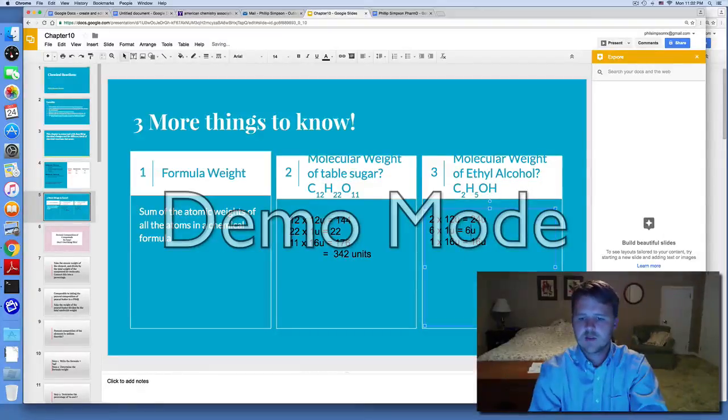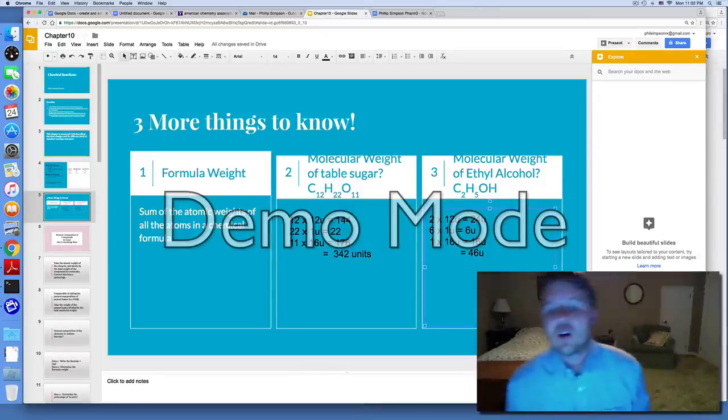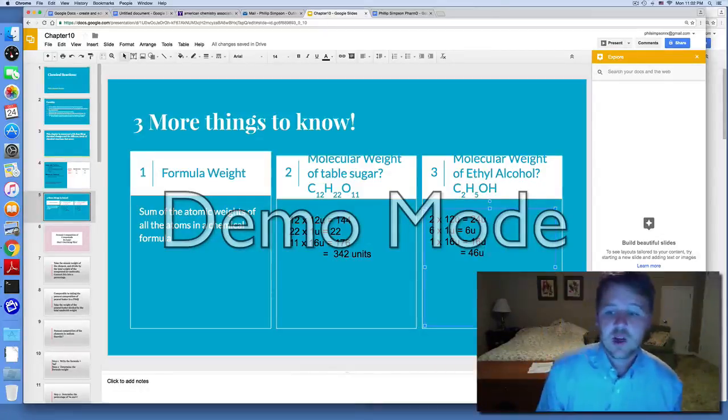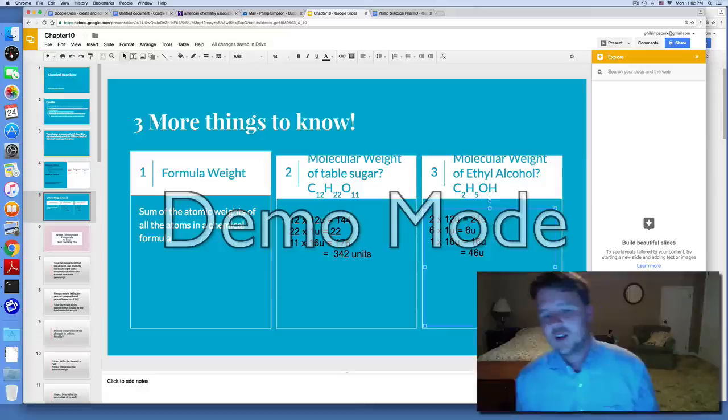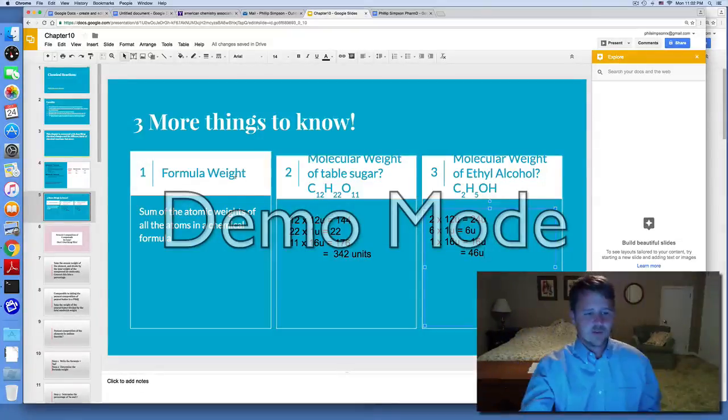So the actual weight is 46 units for the molecular weight of ethyl alcohol, also known as alcohol to the common college student, or moonshine, or bourbon, or the active ingredient in most liquor drinks.